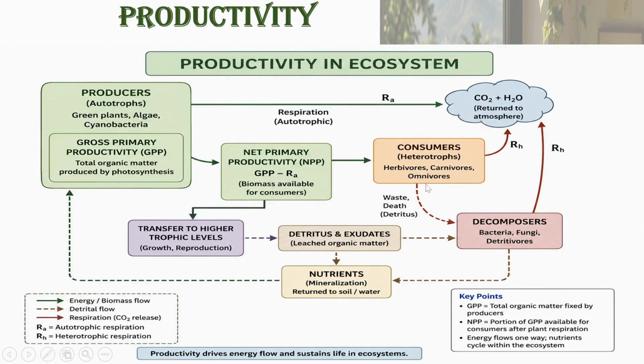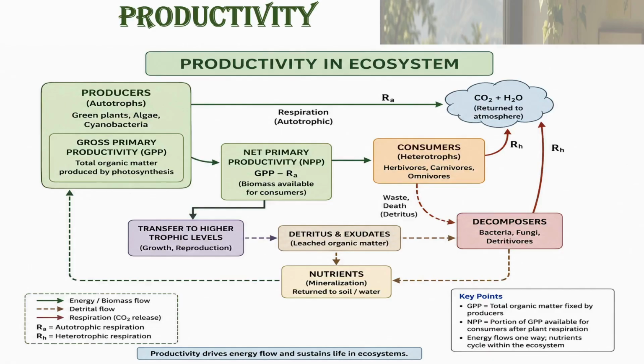After the death of the consumers, the product that is available is called detritus, dead matter, and that will be consumed by the decomposers, like fungi and bacteria. These are the main decomposers, which convert complex organic matter into simple inorganic substances.